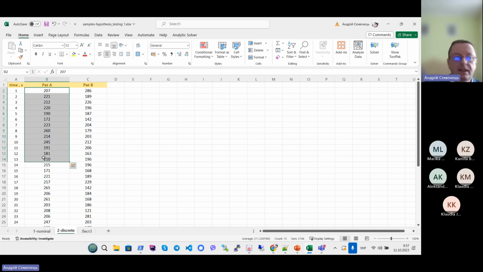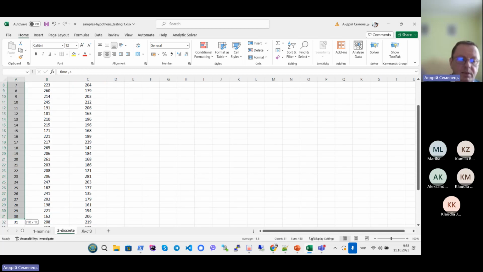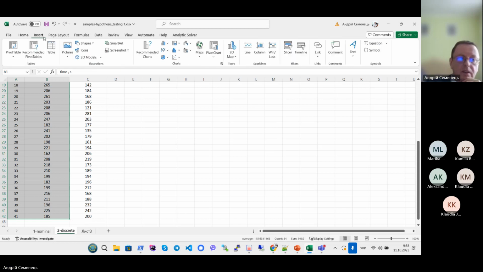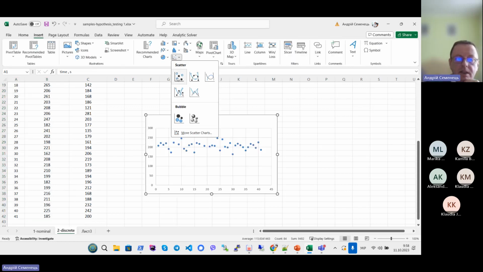Again, no matter what the exact value is. Here we are talking about a quantitative data set, because the independent variable has a quantitative discrete data type. It's time in this case. And for correct visualization, only a scatter plot could be used for the raw data, or we can join it with lines.